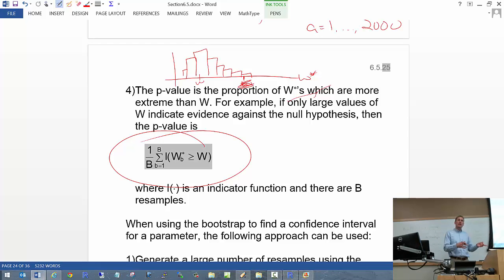If W star 1 was less than my original W, then this indicator function would be a 0. And so because of that, it tells me what proportion of observations will be greater than my original test statistic. That's the algorithm to use.